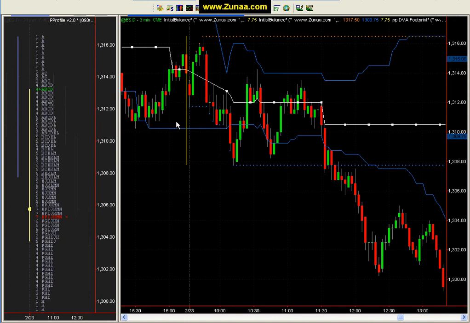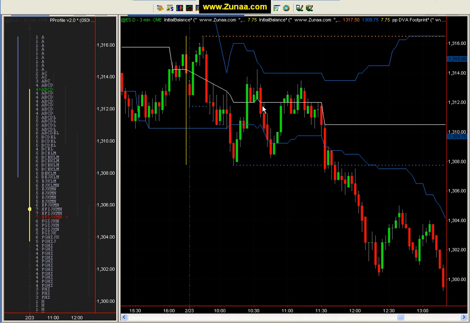Quickly pushed below it, and this would be the 4 o'clock, the 1600 point of control, and this would have been the futures point of control. So we can see we couldn't get above the 1600 point of control, and we pushed quickly below that area. We moved out of value low.